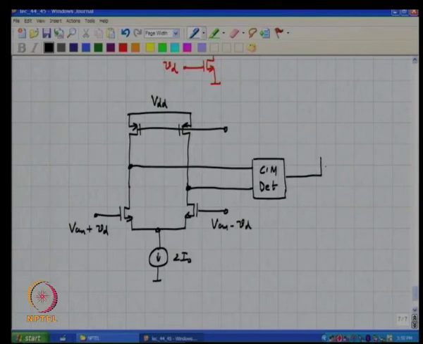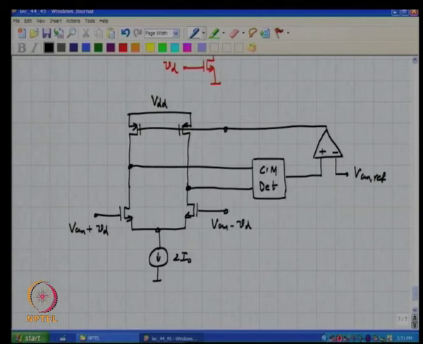You compare this with some common mode reference and use some kind of amplifier, not necessarily an op amp, to tweak the gate potentials so as to make the output common mode voltage exactly equal to the common mode reference that you have set.